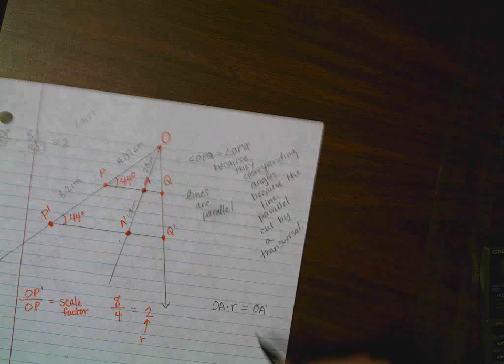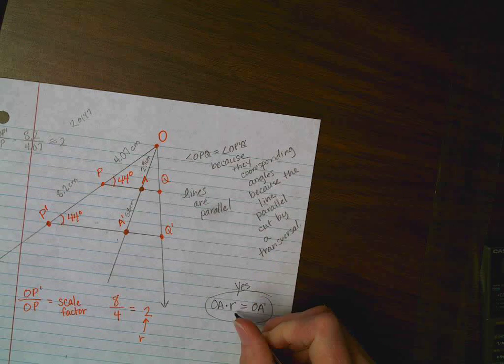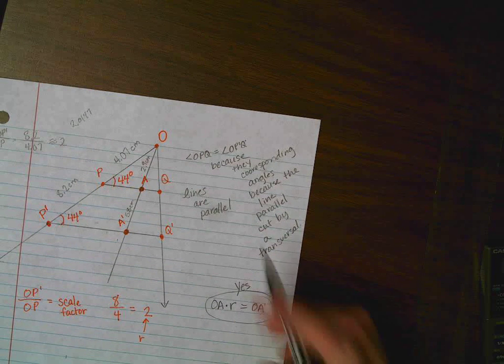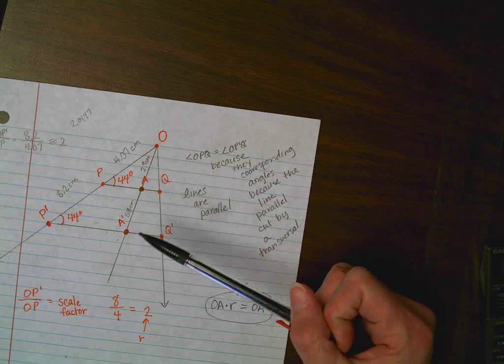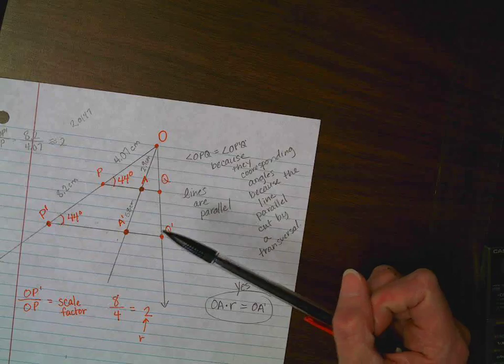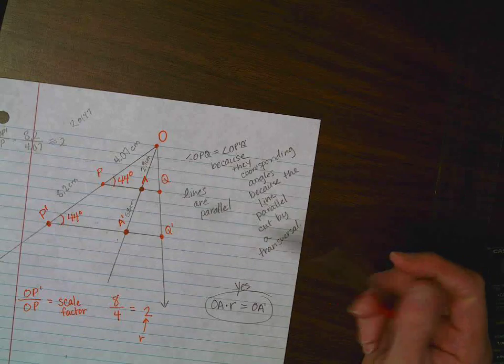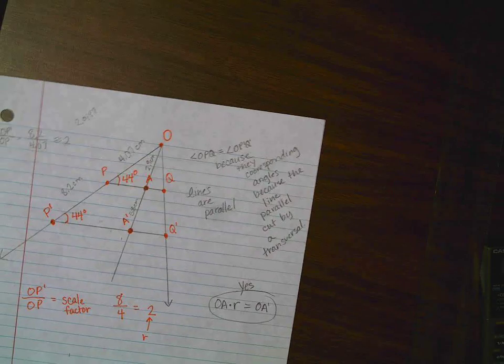So it worked. Okay? So again, choosing a different point and having it work, the answer to this is yes. Because we know that our scale factor was 2, and every time we take an original segment, angle, ray, whatever it is, if you apply the same scale factor, you're going to come up with the produced results.